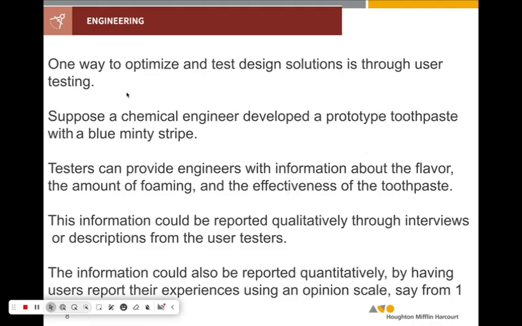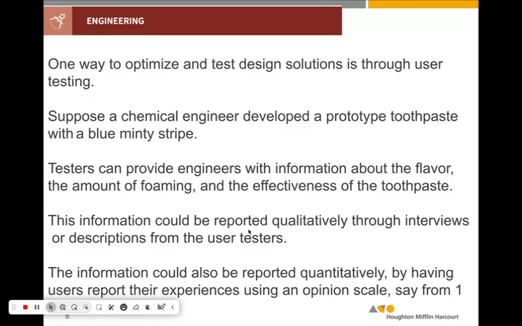So let's say you have a solution. One way to optimize and test design solutions is through user testing. So if I'm a chemical engineer and I developed a prototype toothpaste with the blue minty stripe, my testers could provide me with information about the flavor, the amount of foaming, and the effectiveness of the toothpaste.